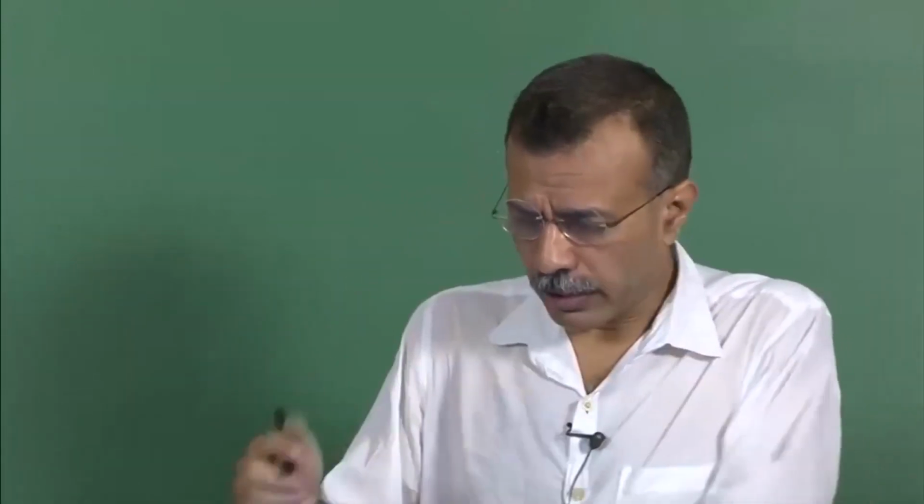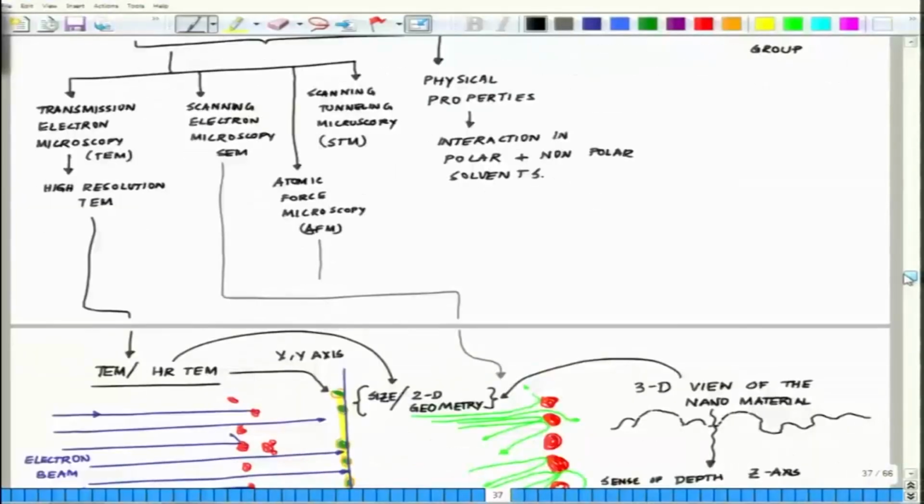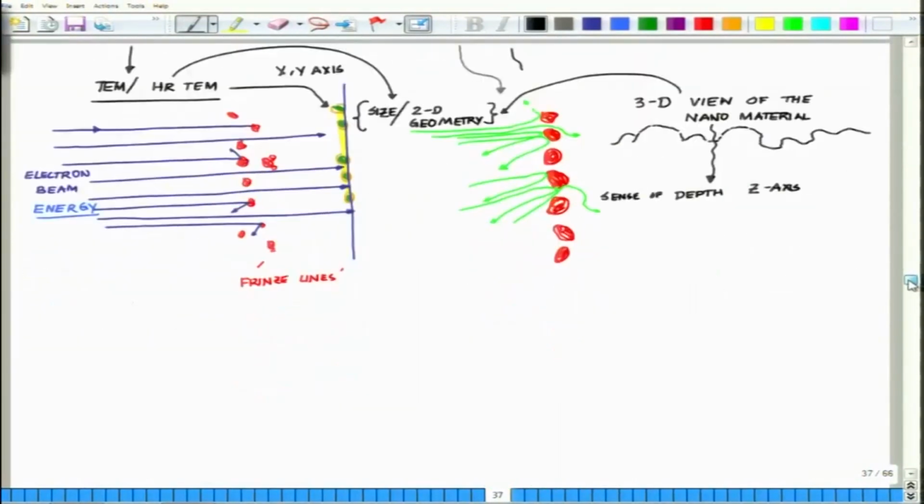So, the next technique in the same line is called atomic force microscopy. This is again a very interesting bit of innovation of mankind. So, the way it works, AFM. AFM is one beautiful surface characterization technique.